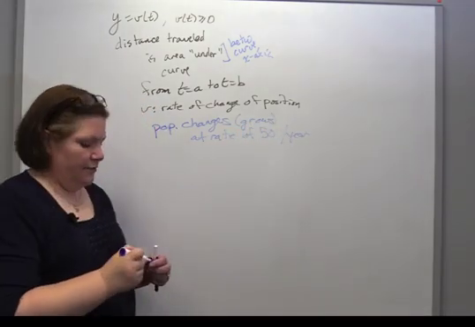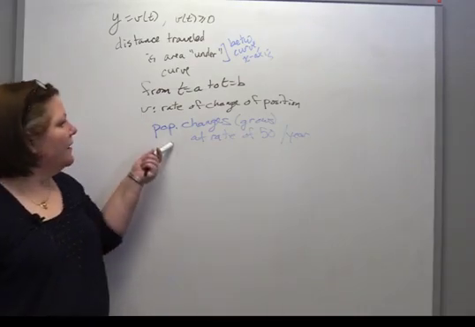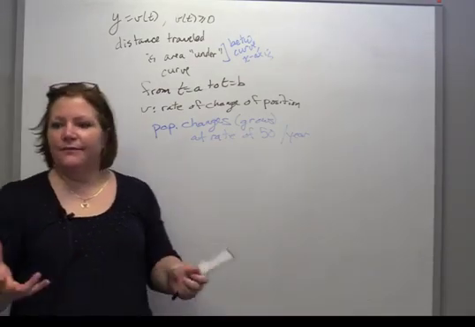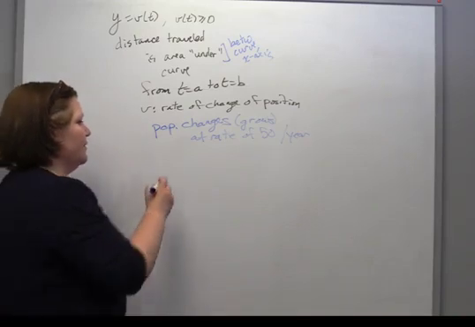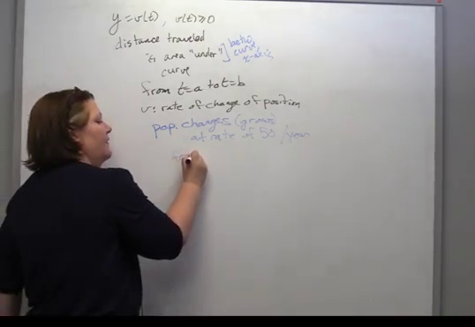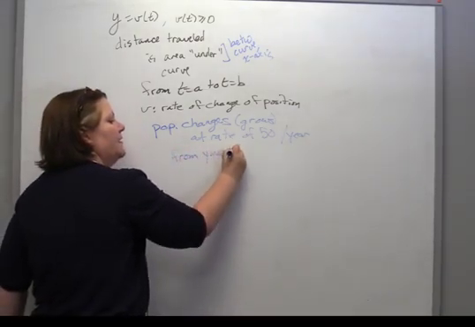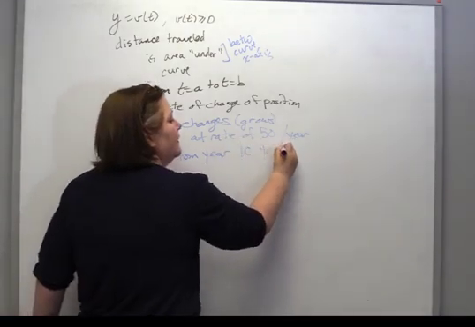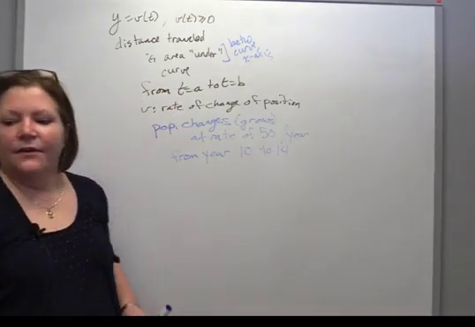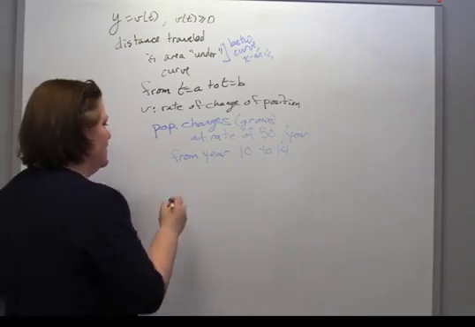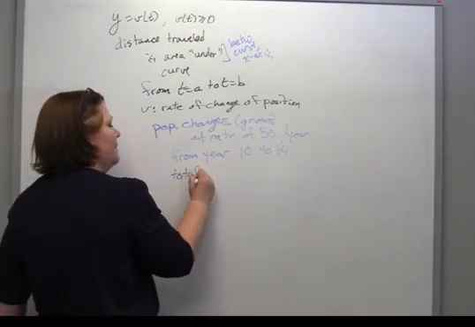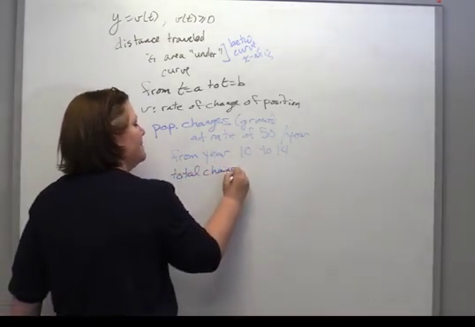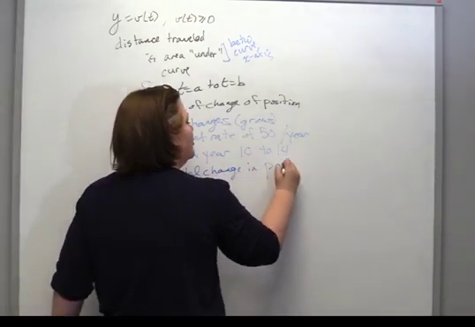Looks like I'm going to need some new markers. And when the rate is constant, if we're looking at from year 10 to 14, we want to know what is our total change in population.